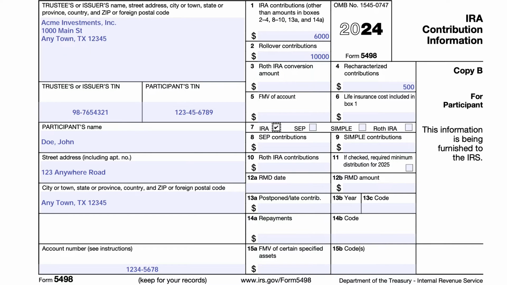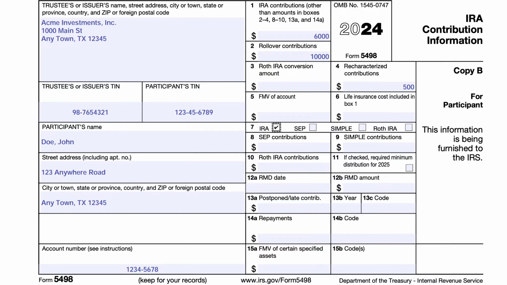This is for the 2024 tax year, which means these actually would start going out in 2025. What you might see, however, is the 2023 version, which was for the 2023 tax year. I'm using this as the example as it's the most current on the IRS website, and there are not a lot of changes.